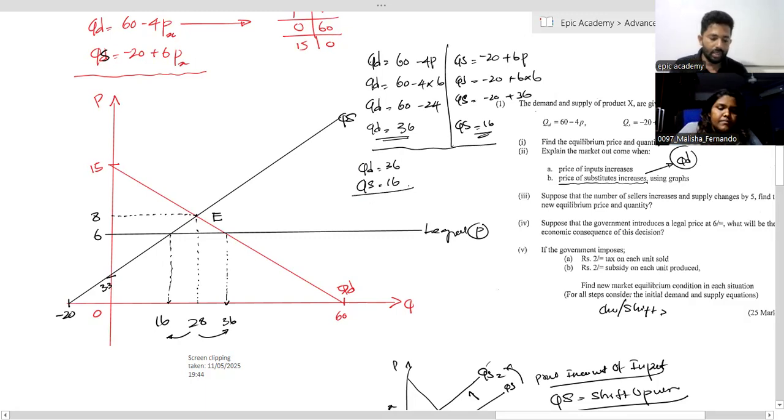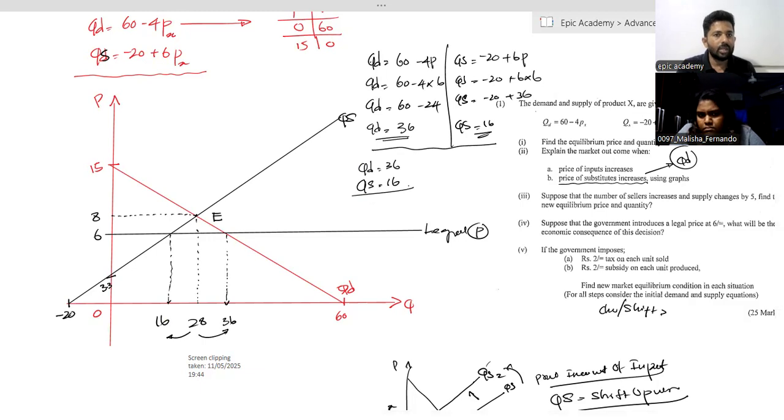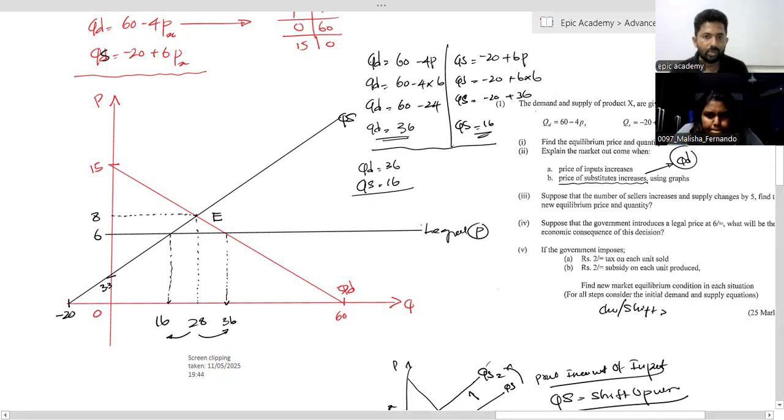Now you can identify that consumers are expecting 36 commodities, but the entire market supply is only 16 commodities. The difference between those two is 20. 20 means that's the shortage.